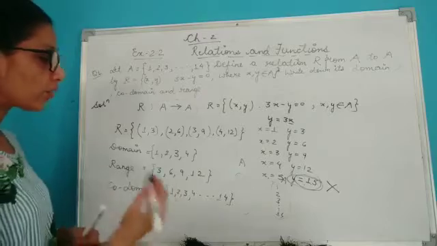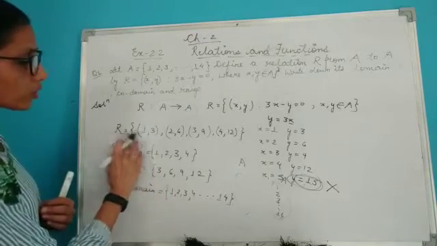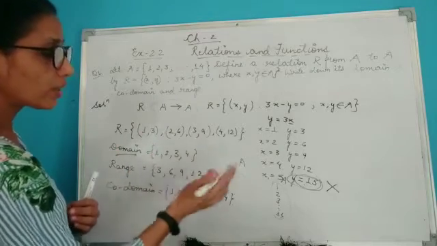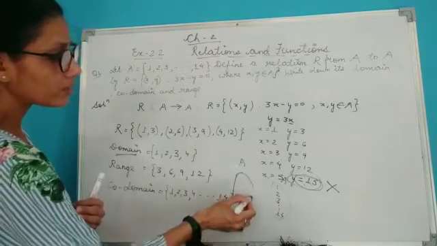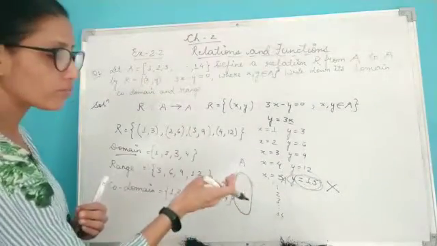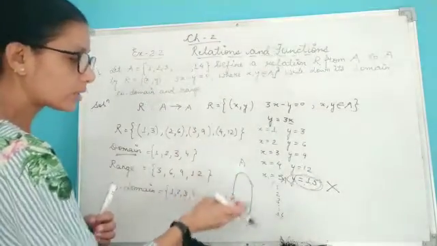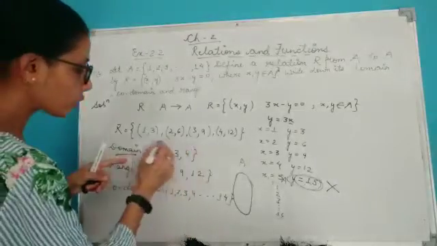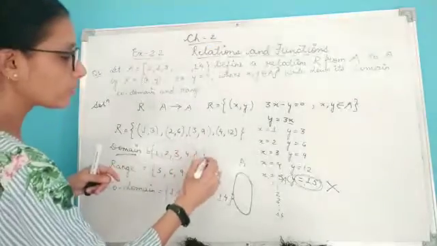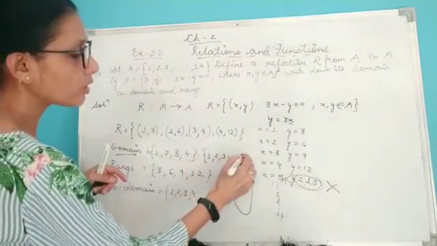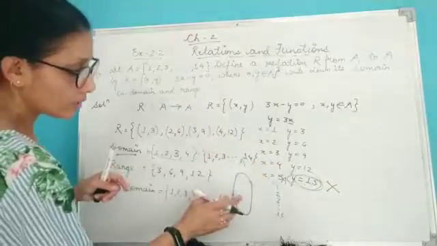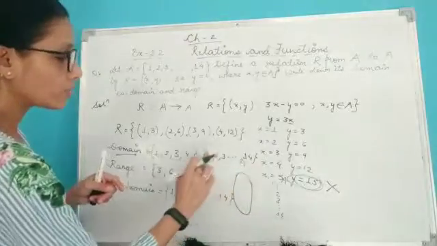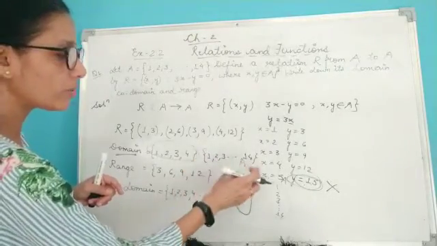Children, you can say one thing also for domain. According to this relation, domain is 1, 2, 3 and 4. But the domain is the elements present in set A. So here domain will not be just 1, 2, 3, 4, but it will be 1, 2, 3 till 14, because all the elements which are present in set A are the domain.